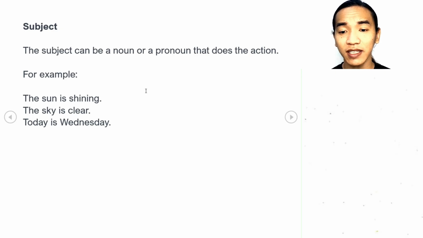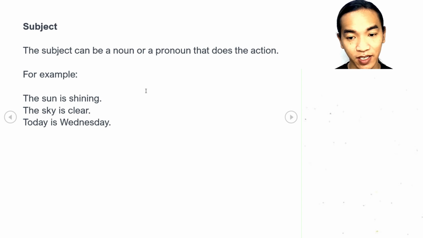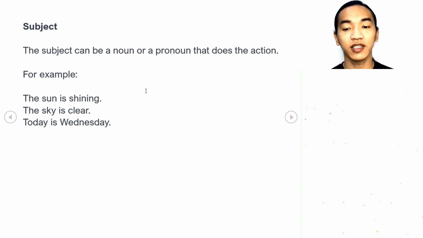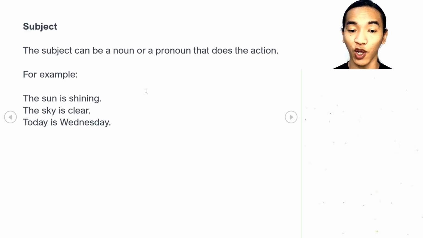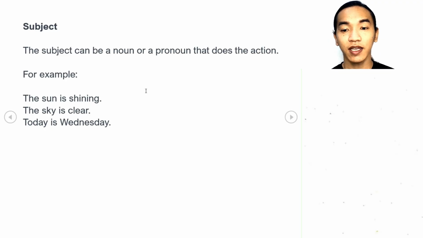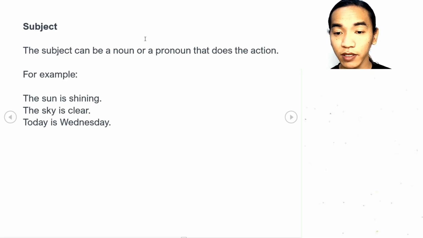Now, the subject in a sentence actually is the one being talked about or the focus of your sentence. Like, for example, the sun is shining, the sky is clear, today is Wednesday. So as you can see, the sun, the sky, and today are actually your subjects, okay? Or in the last sentence, Wednesday is also the subject, all right? So that is the first part or first component of your sentence.